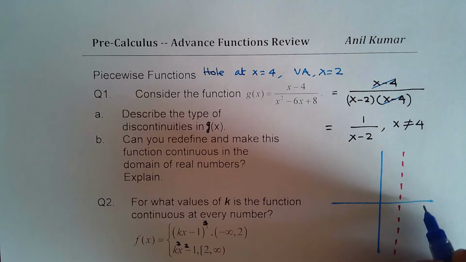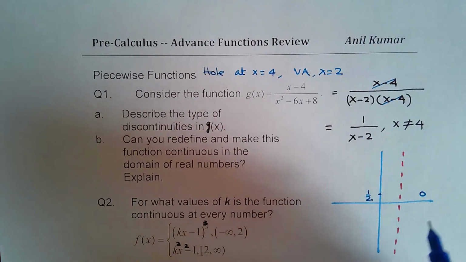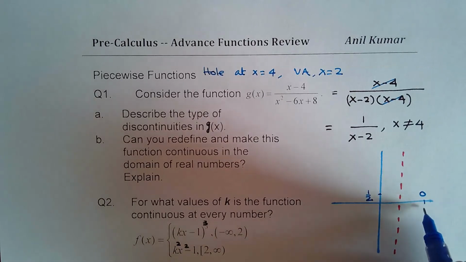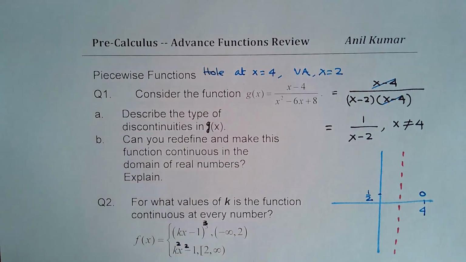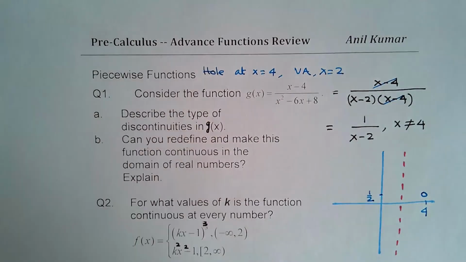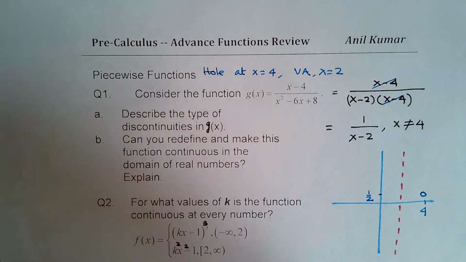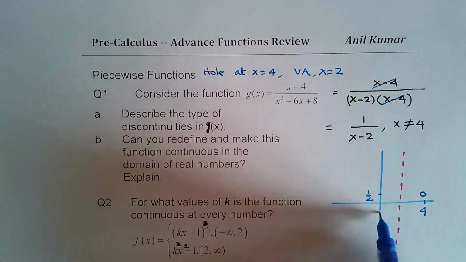So at 4 we get a value which is half. So let's call this the hole at x equals 4. Now if I write 0 here, what do we get? We get minus half, right? So at 0, we get a point here.